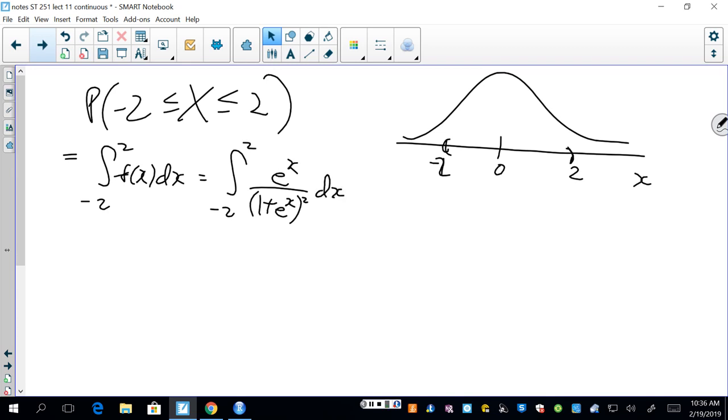This thing ends up being e to the x over 1 plus e to the x, the cumulative, evaluated at x equals -2 to 2.